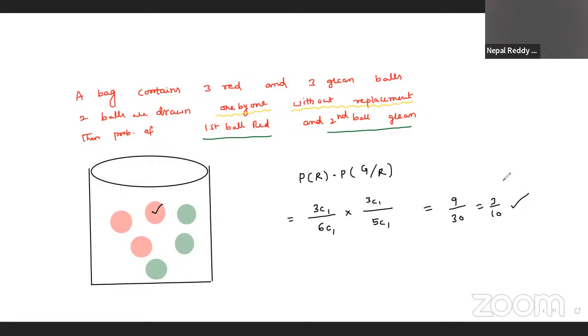Next. Suppose the question, 1 red and 1 green. Another question we will discuss.